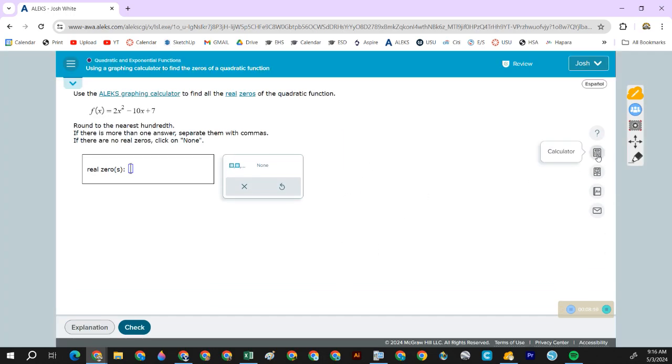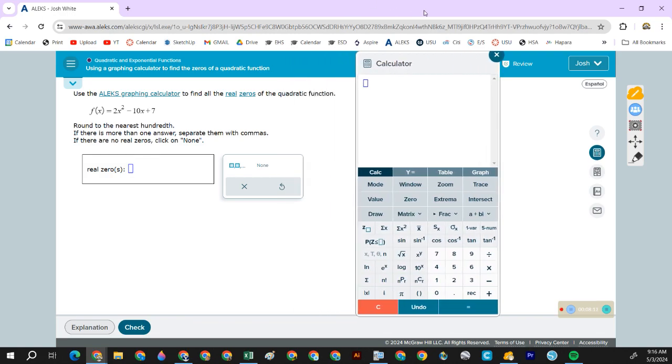All right, so graphing calculator. 2x squared minus 10x plus 7. 2x squared minus 10x plus 7.